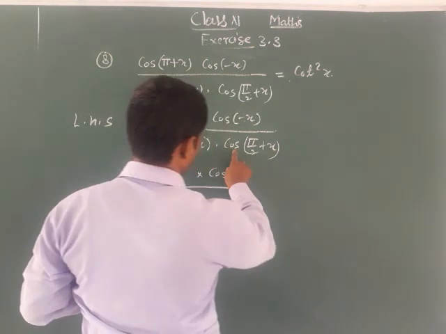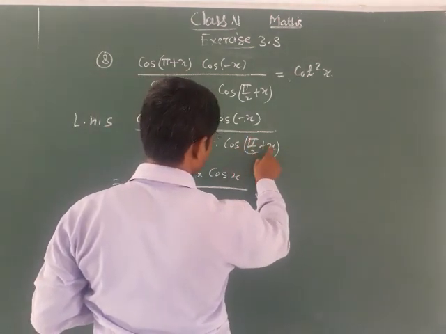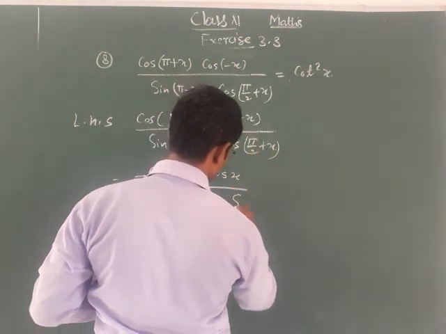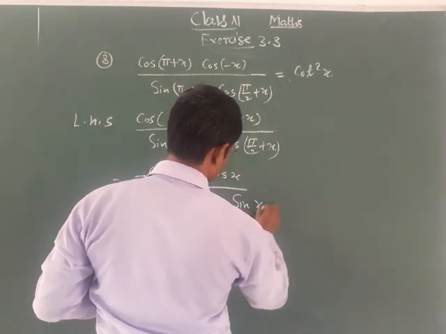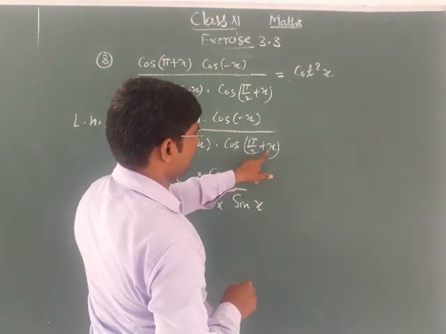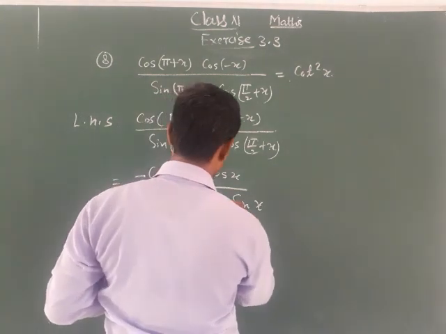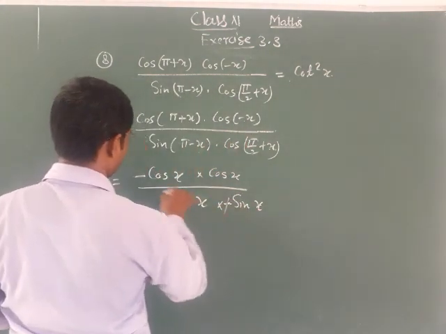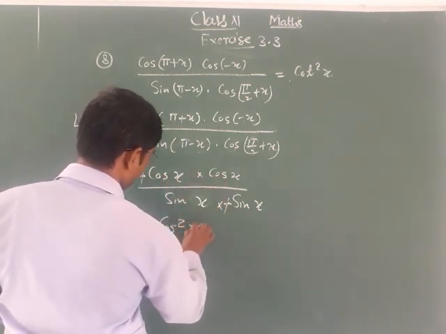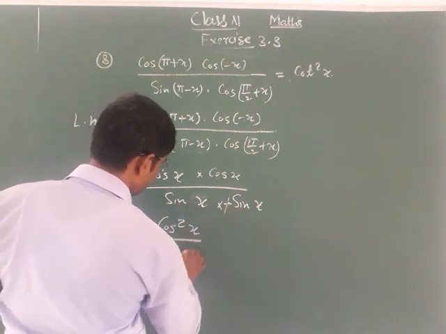And also cos(π/2 + x), cos(90 + x): due to π/2 the ratio changes from cos to sin, so it is sin x, and since 90 + x lies in the second quadrant, the value of cos is negative. So the minus signs cancel out, giving cos into cos, cos square x, upon sin into sin, sin square x.